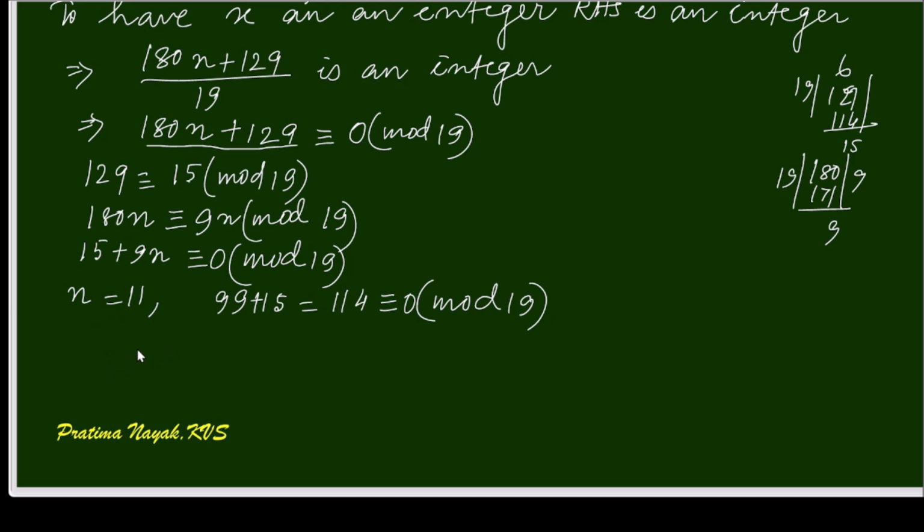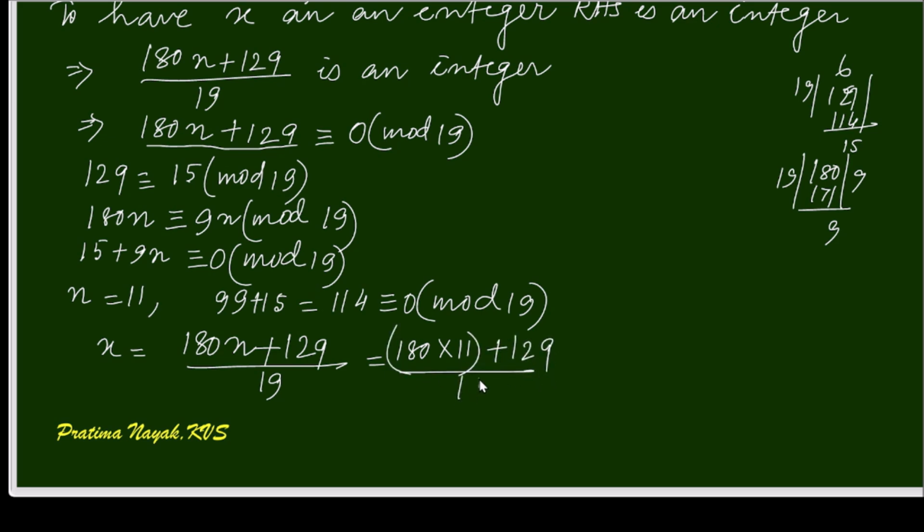Now coming to x. x equals 180n plus 129 divided by 19. So n is equal to 11. So 180 into 11 plus 129 divided by 19. 180 into 11 will be 1980 plus 129 over 19.